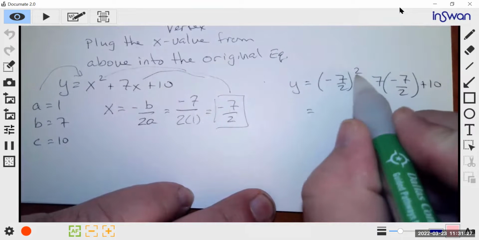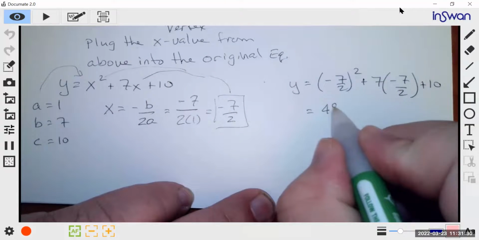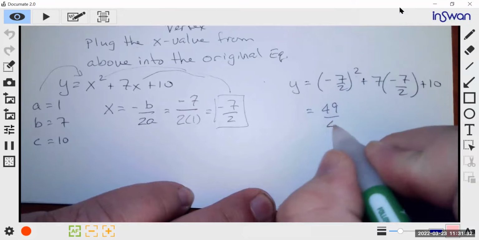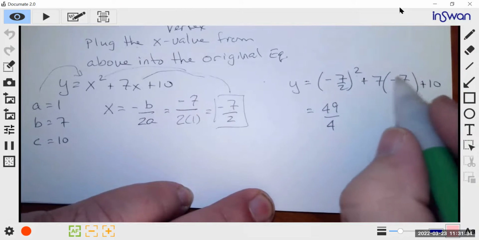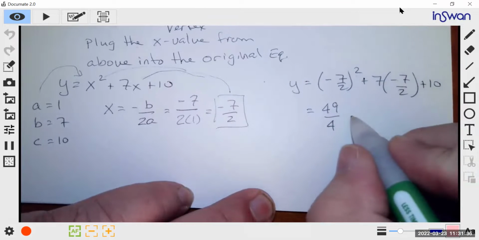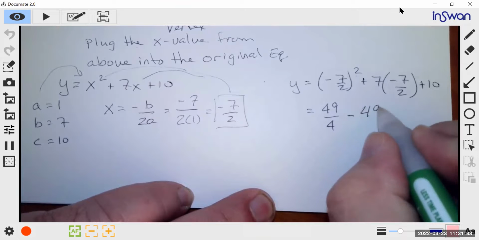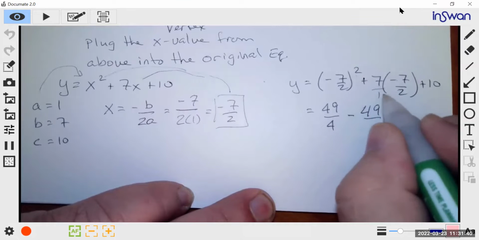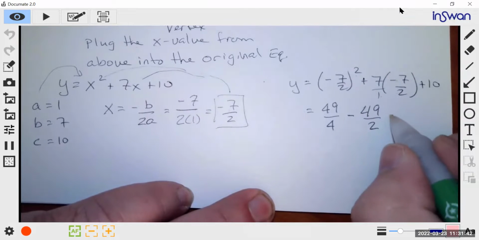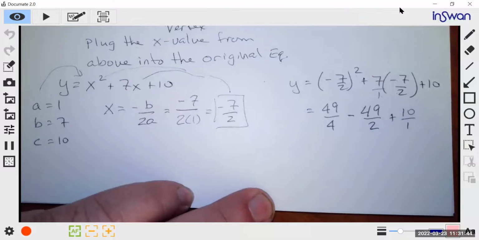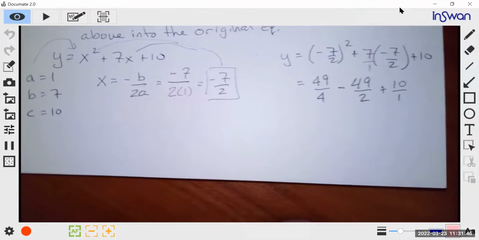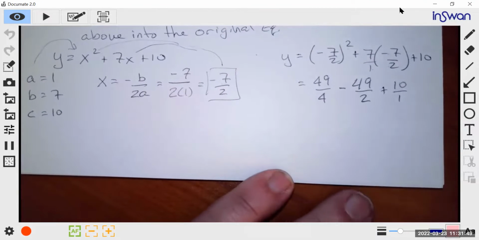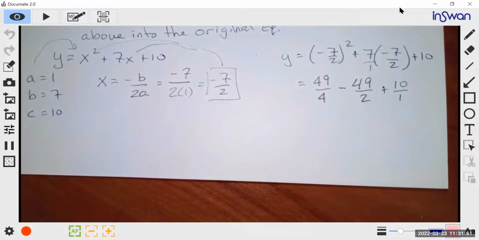So negative 7 squared is 49. 2 squared is 4. 7 times negative 7 is negative 49. 1 times 2 is 2. And this is 10 times 1. Now to add or subtract fractions, we have to have a common denominator.